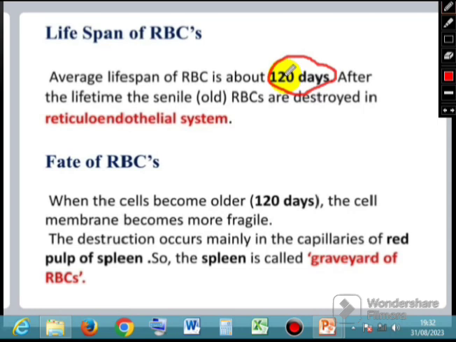If, for example, you have malaria, malaria can cause destruction of red blood cells.